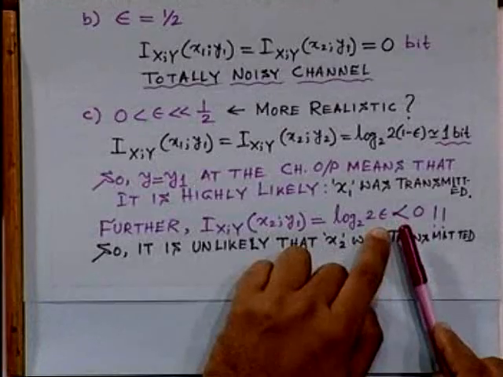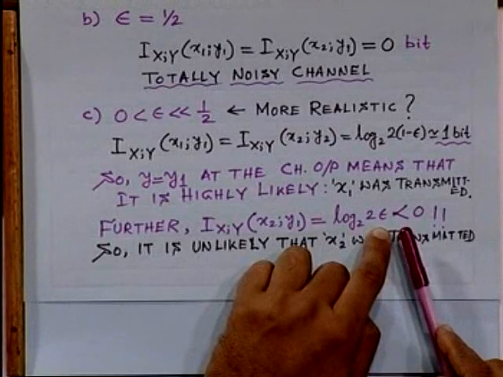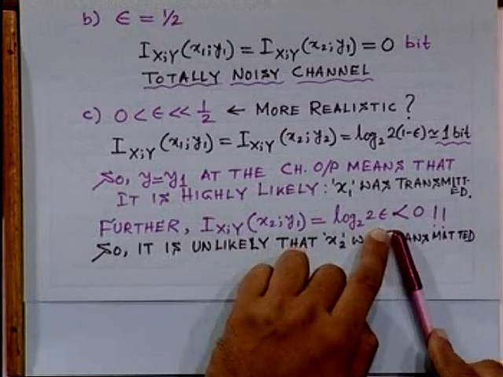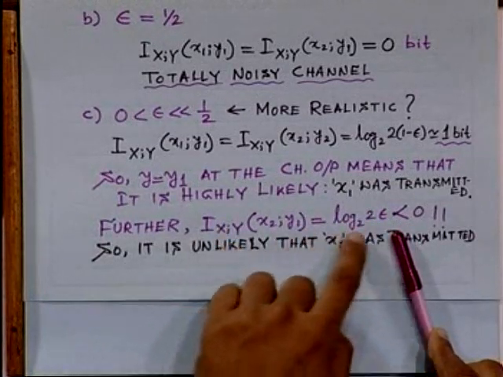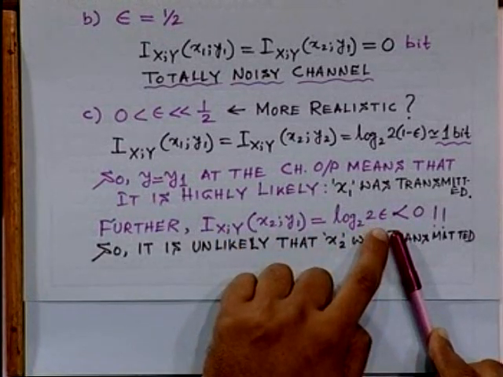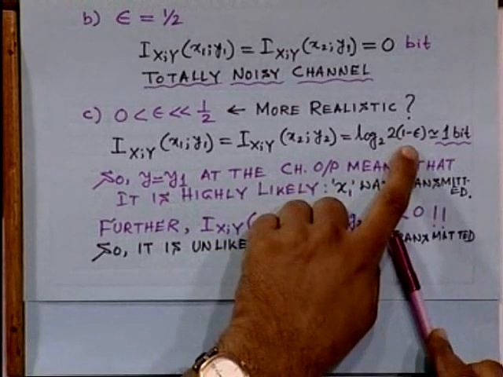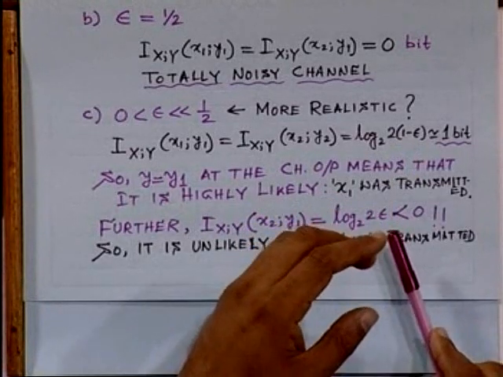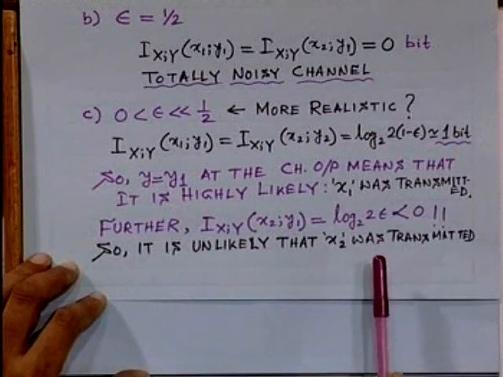In fact, whatever we could have got has been jeopardized by this error probability in the process, because the mutual information for the second case is simply twice epsilon of log. It is not of the 1 minus epsilon type, as it was for the first mutual information expression. So in the latter case, the error is strongly governing the sign of mutual information at the channel.